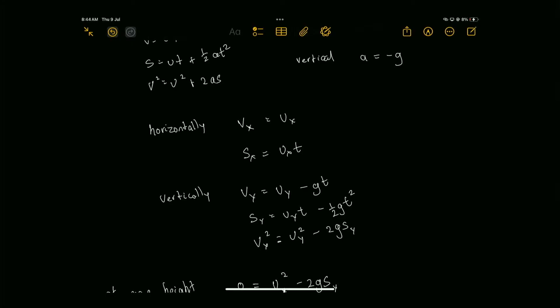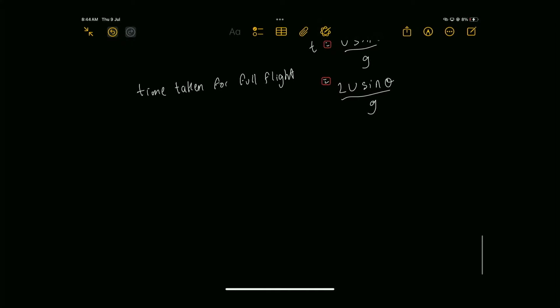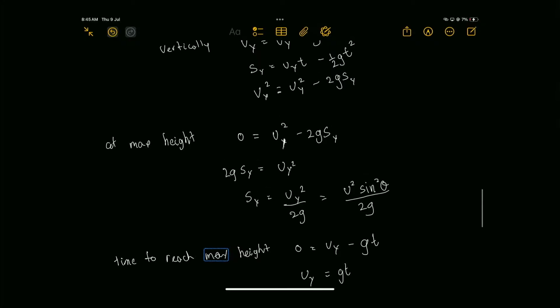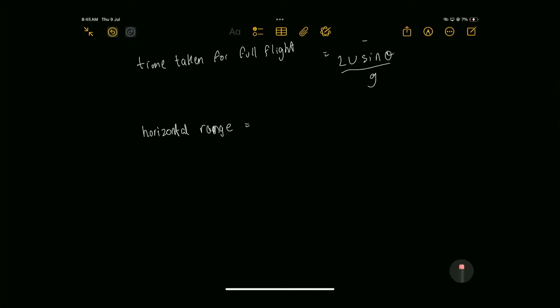Now in this case, we would have to use t as the time of the flight, right? So the equation is Sx is equal to Ux times t.